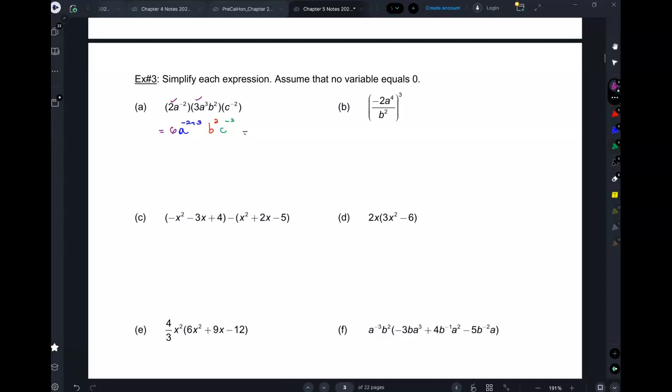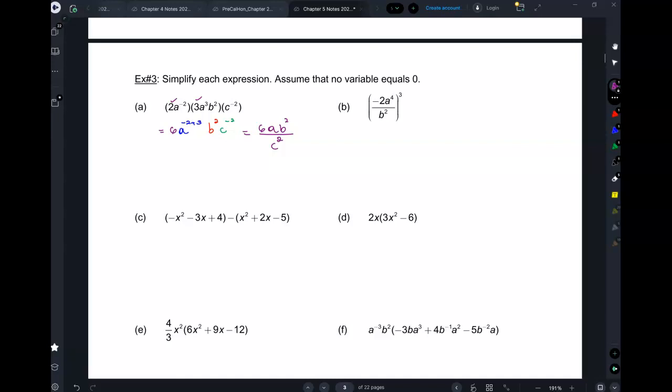So finally, this will be 6, a to the 1, b to the 2, and then c to the negative 2 will move down, so it'll be c squared in the denominator. So when you have a negative exponent, it means reciprocal. So if the negative exponent is something in the numerator, it just moves down. If it's something in the denominator, it just moves up.